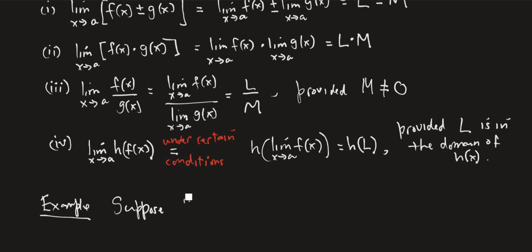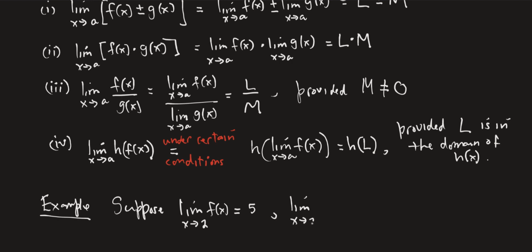Suppose the limit as x approaches, in fact, let's not even do a, let's put a specific number there. So let's say 2 of f of x, let's say that's 5.